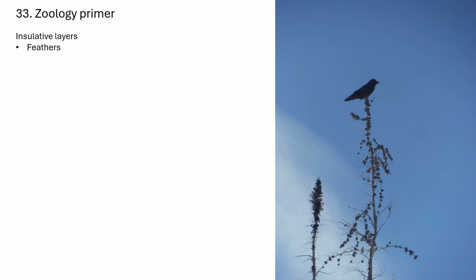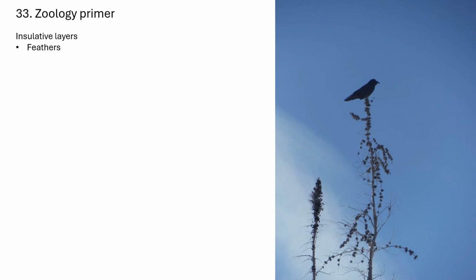Okay, so just some more general ideas of how animals can deal with the stresses of winter, those cold and water loss stresses. So animals can have these insulative layers, like this raven here sitting at the top of this tree, thinking about the insulative properties of things like feathers.